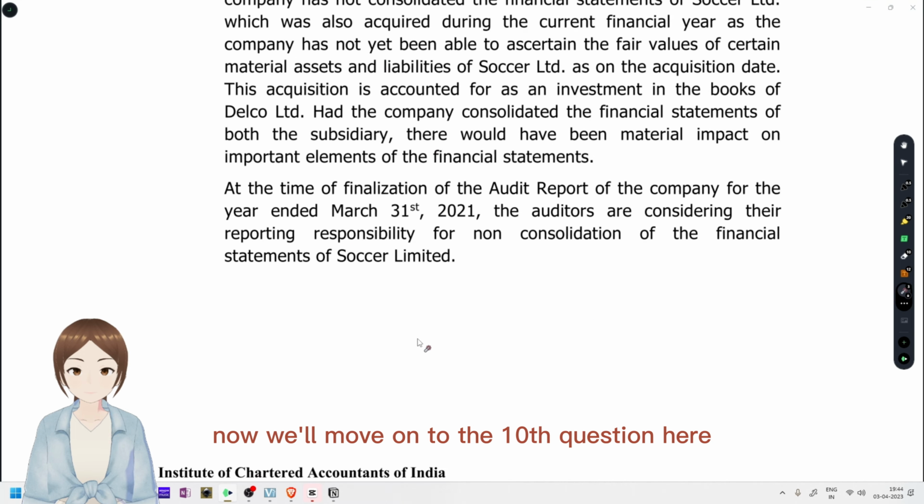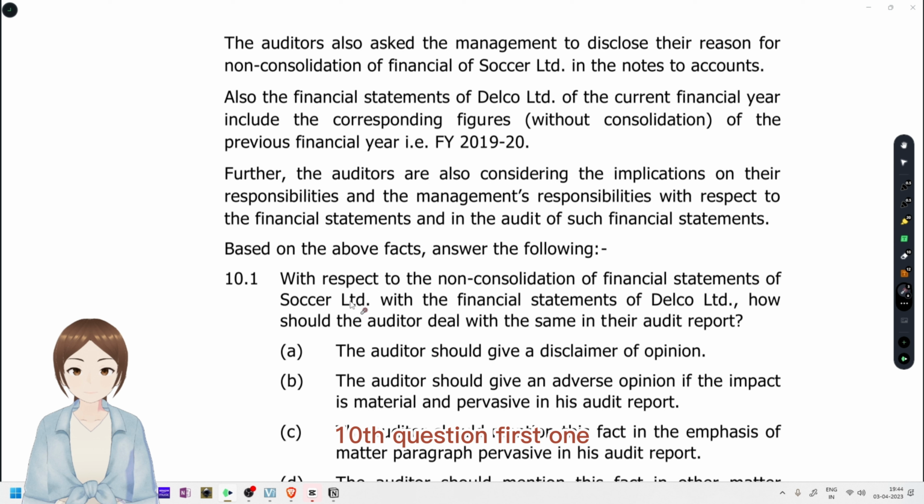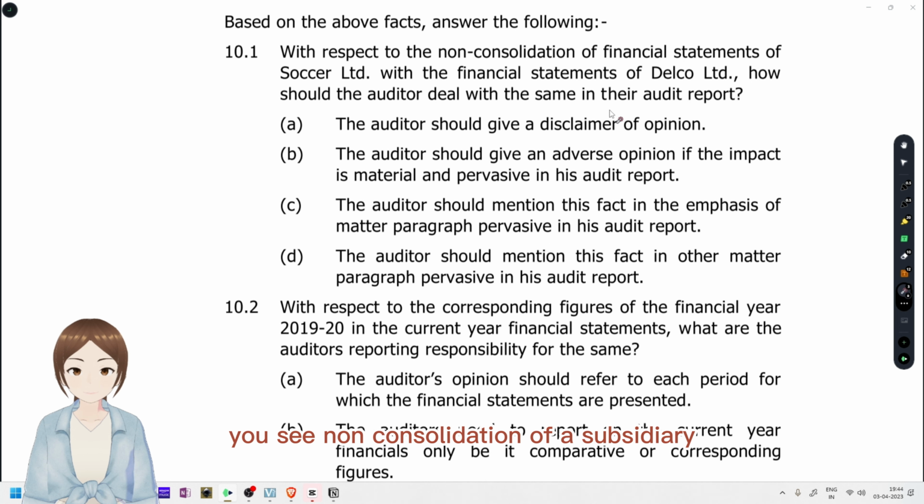Now we'll move on to the 10th question. First one: with respect to the non-consolidation of the financial statements of Soccer Limited with the financial statements of D Limited, how would the auditor deal with the same in the audit report? Non-consolidation of a subsidiary is material and pervasive. How do we know whether a matter is pervasive or not?